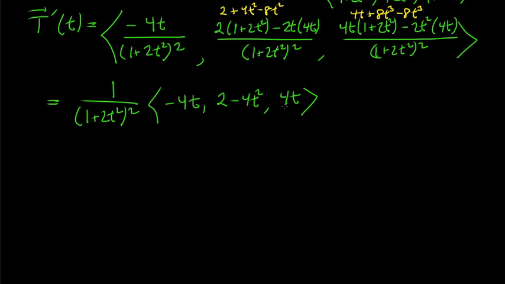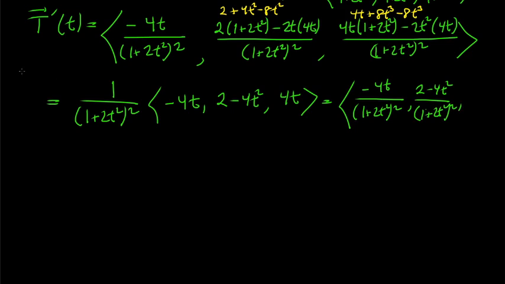And maybe I should write this all as one vector here. Although I guess we don't have to. So we just have to take the magnitude of all this and then divide by that magnitude. Same denominator. All right, I'm getting lazy here.